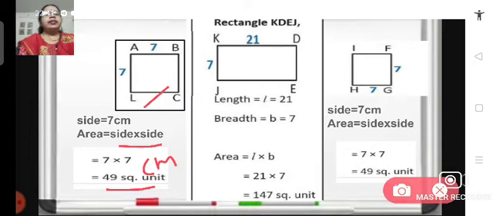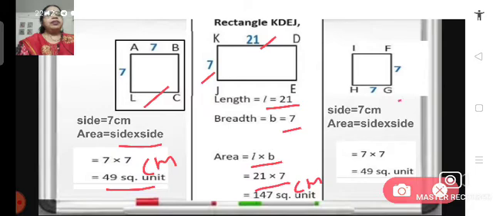And in the rectangle KDEJ, we have length 21 and breadth 7 centimeter. So area will be length multiplied by breadth, 21 multiplied by 7. So 147 square centimeter is the area of this rectangle.